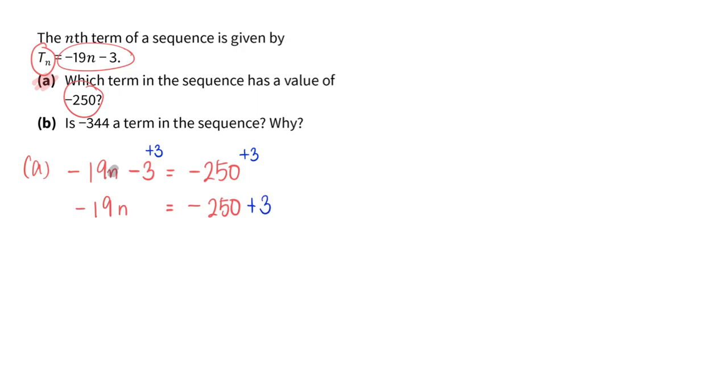Okay, this will be equal to 0. So I don't need to write it anymore. So I will have negative 247 here. And after which, I am going to divide by negative 19 on both sides.